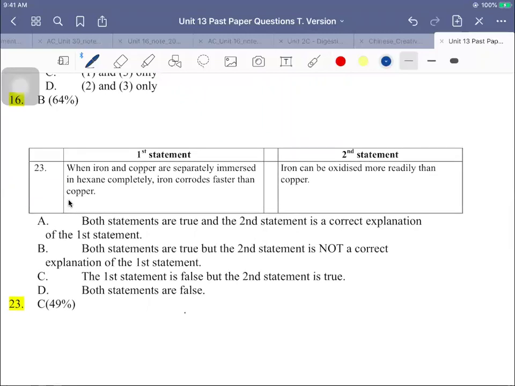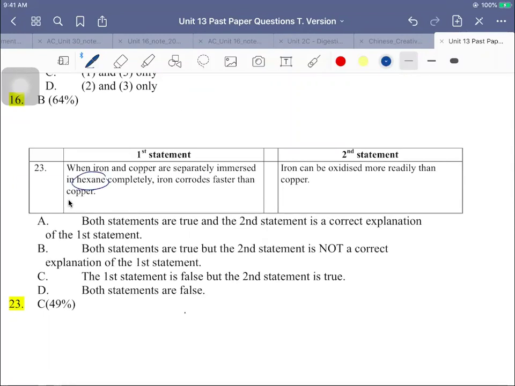For 23, first statement: when iron and copper are separately immersed in hexane completely, iron corrodes faster than copper. Later, in the coming two units, you're going to start learning about organic substances.